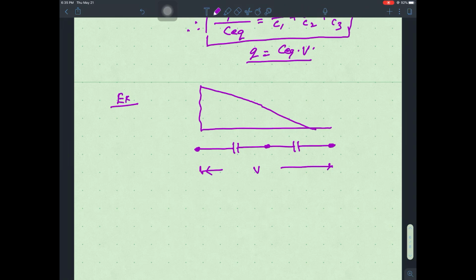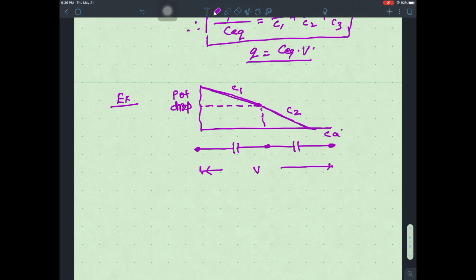Suppose this portion is given in this way, and then this way. Here we are getting the potential drop. This is across the capacitor C1, and this is across the capacitor C2.